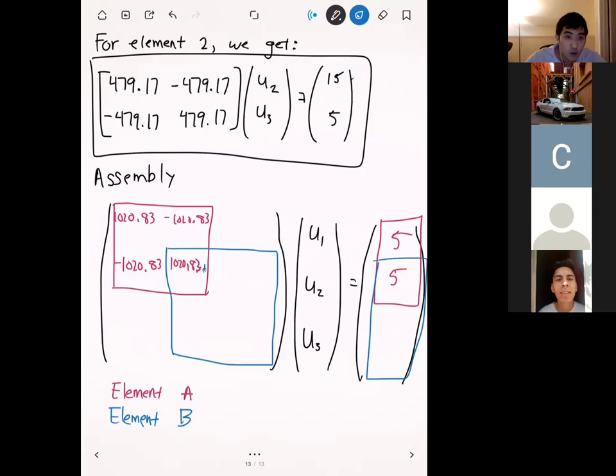And so we're going to have 1020.83 plus what we have here, so 479.17, and then a minus 479.17, and then a minus 479.17, 479.17. Okay. And then on the right-hand side, we're going to have a plus 15 on the top and then a 5 on the bottom.